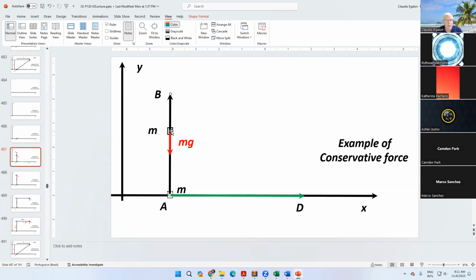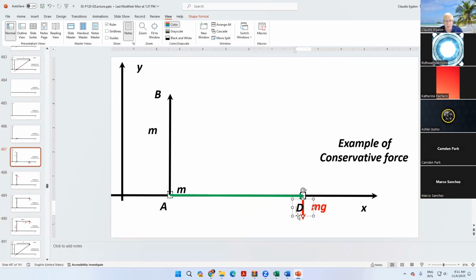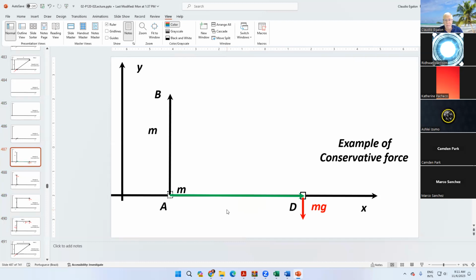And this mass, that's midway, right? Let's put all the way down here. I don't have this one anymore. I don't have this one anymore. I don't have this one anymore. That's going to be distance B, just like we had before.